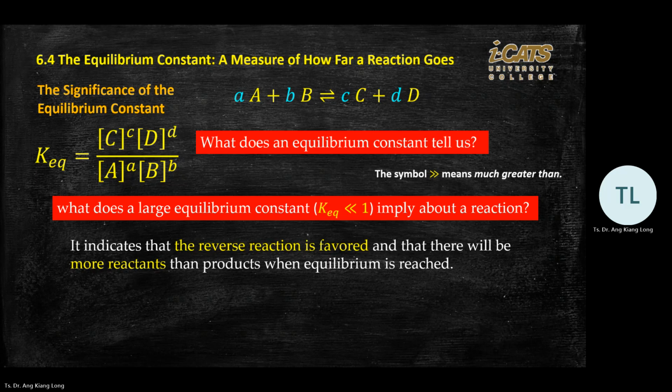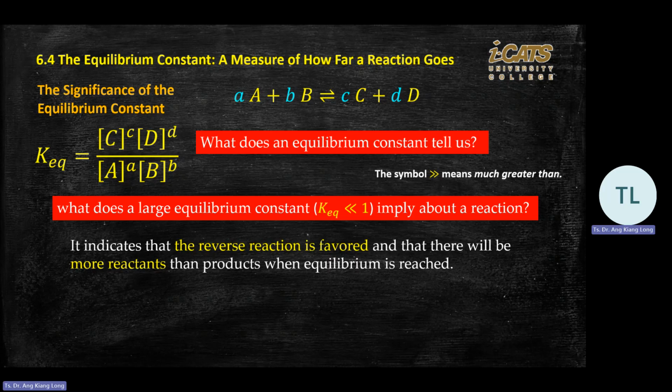So you only need to remember more than 1; less than 1 has the opposite meaning. Basically, it's a reverse reaction or forward reaction. More than 1, forward. Less than 1, reverse, or following the double arrow direction.